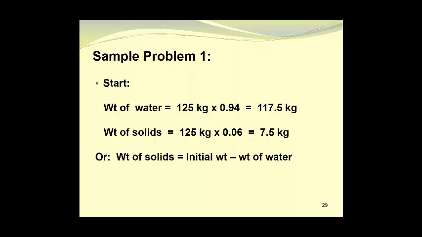Or we could say that the weight of solids is equal to the initial weight of the material, 125 kilograms, minus the 117.5 kilograms of water, and this too gives us 7.5 kilograms of solids. At the start, we can calculate the dry basis moisture. This is equal to the weight of the water divided by the weight of the solids.